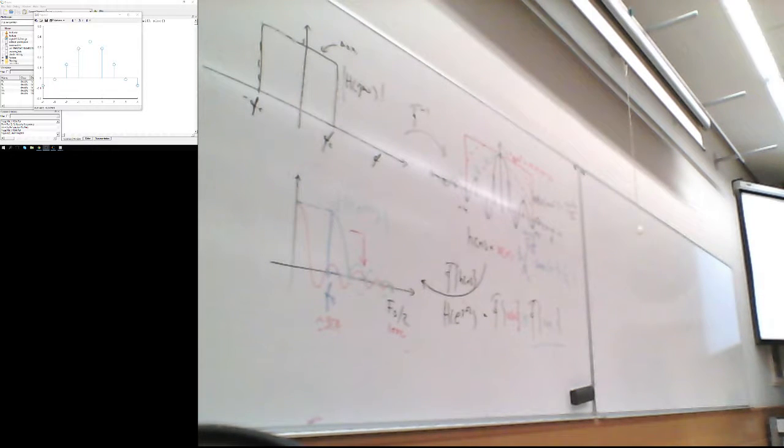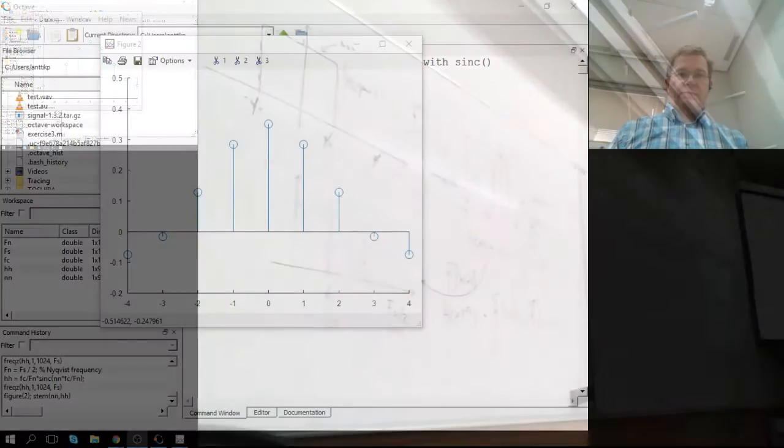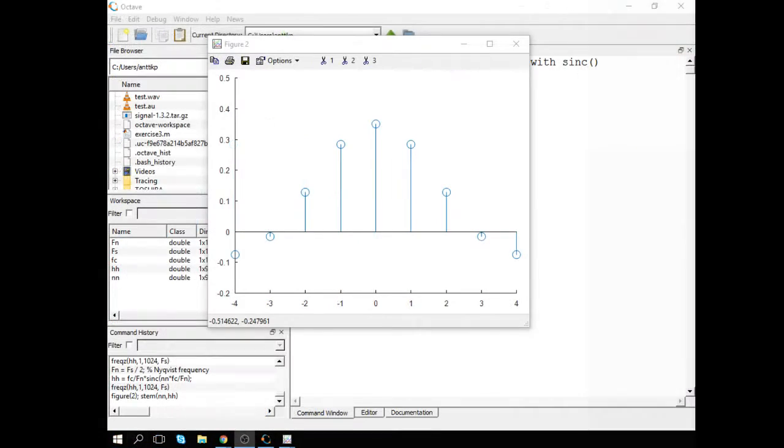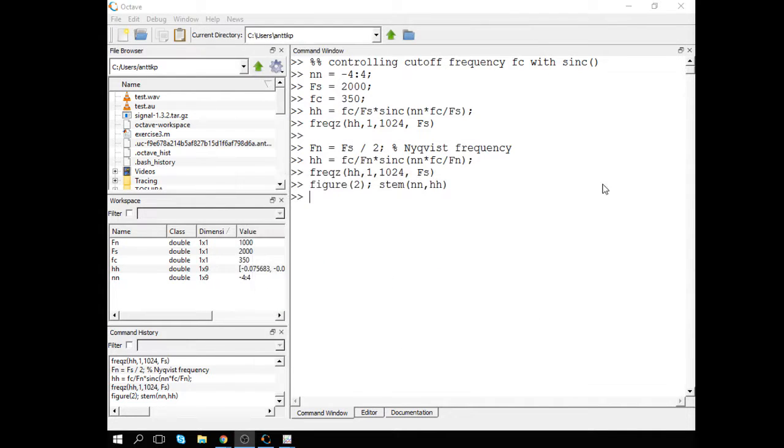So, just a moment. Where should I click? Here. Good. So triangular window actually goes something like this.